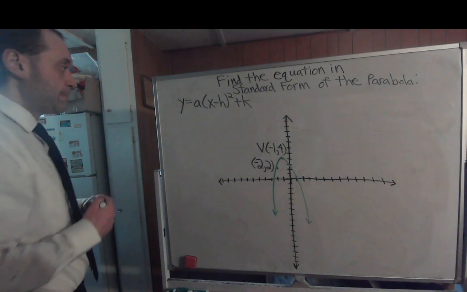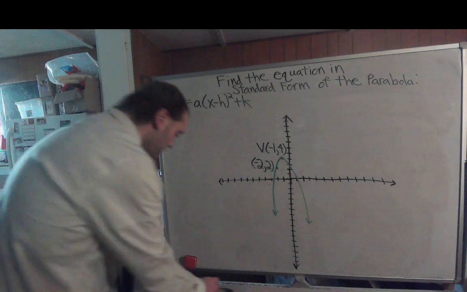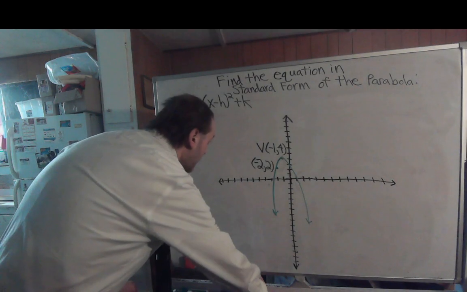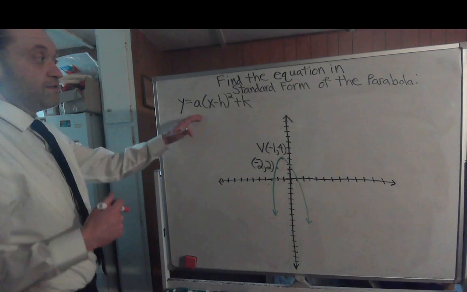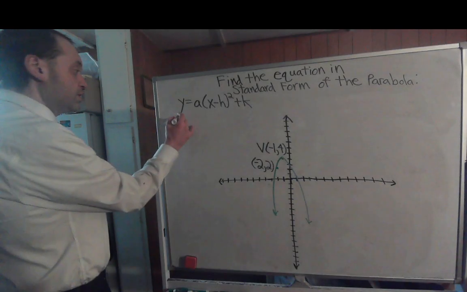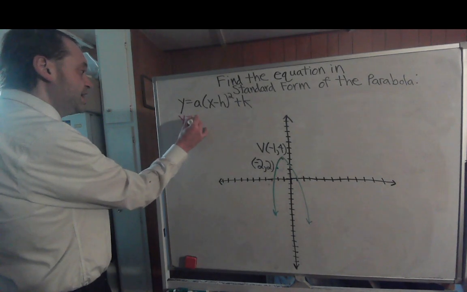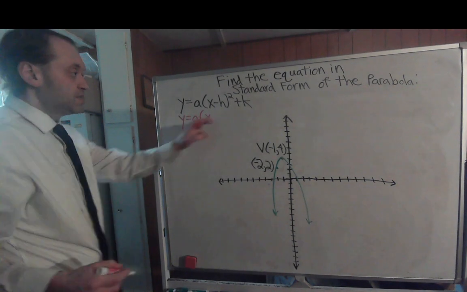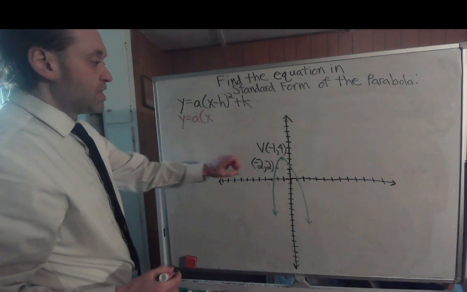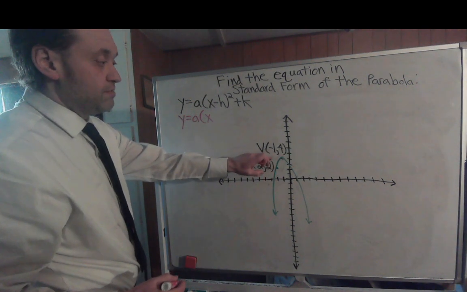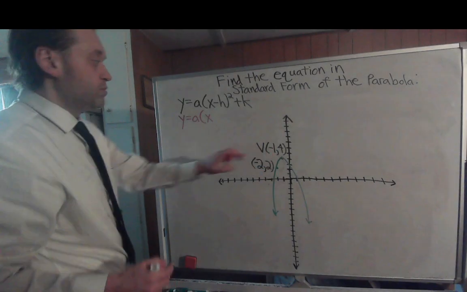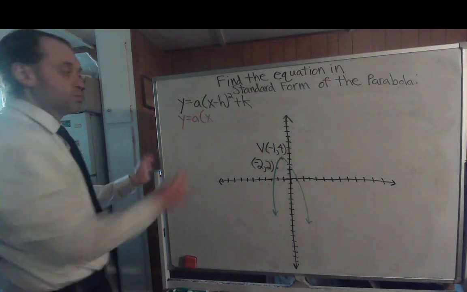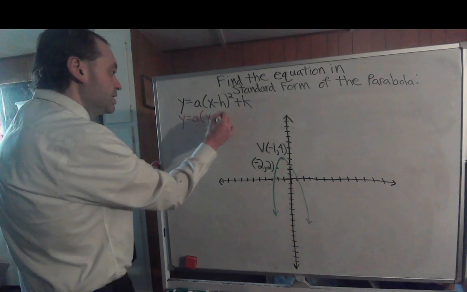Now, the next goal, again, is we want to find a. So start with y equals a times x minus, okay, what is the x coordinate of the vertex? It's -1, so x minus -1 would actually be x plus 1.